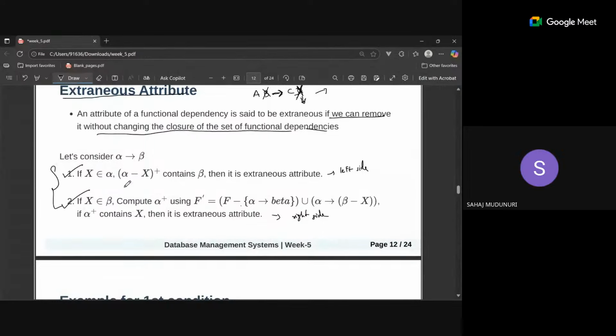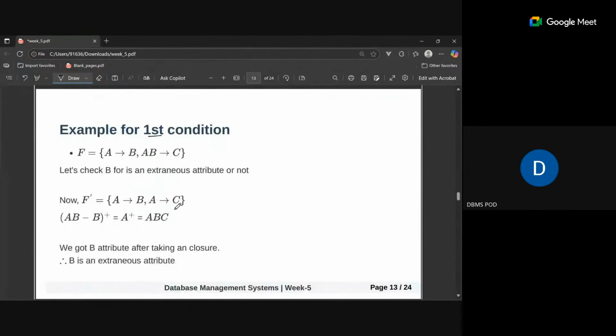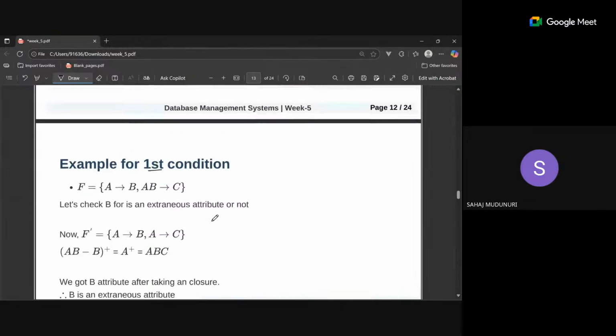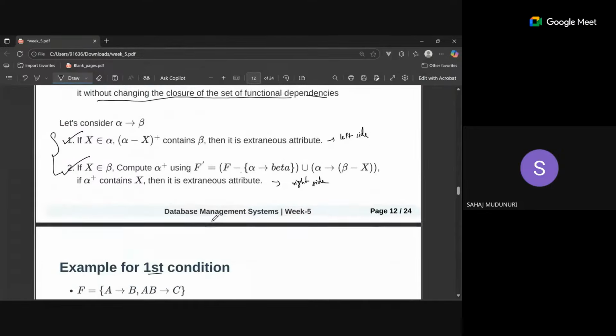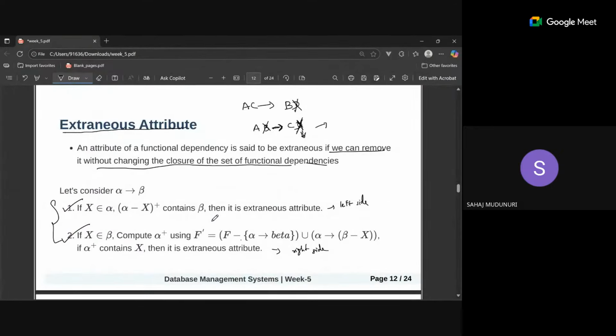Sir, just to confirm: when we say alpha is dependent on beta, which one is creating the dependency, the left one or the right one? Alpha determines beta, left one determines the right one. Dependent or determines?